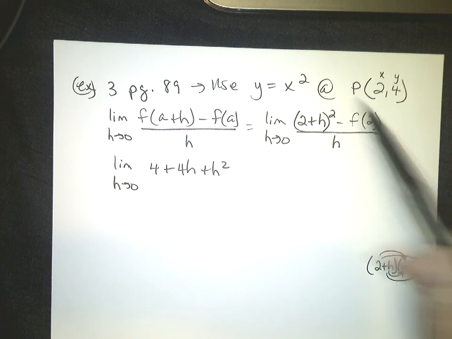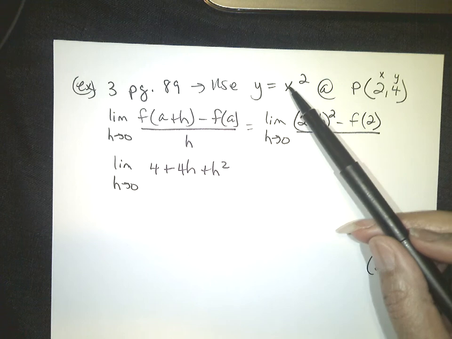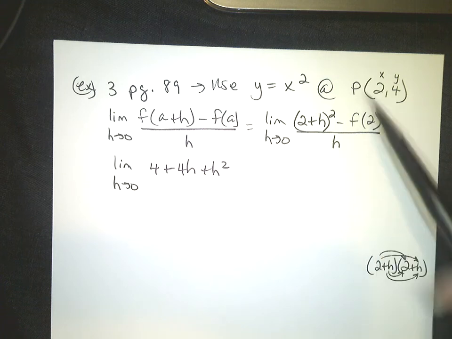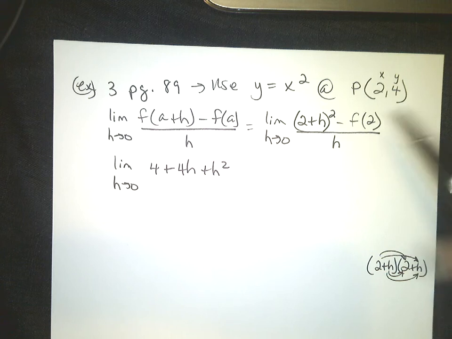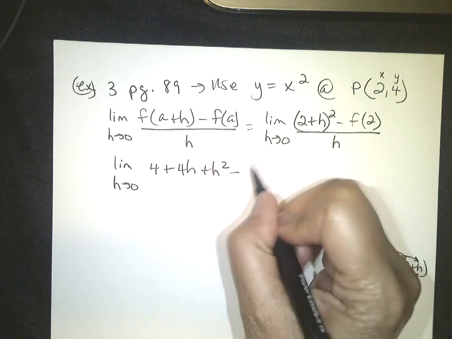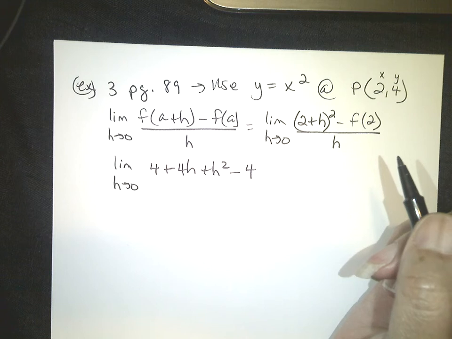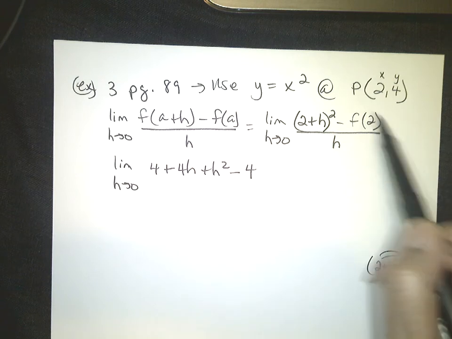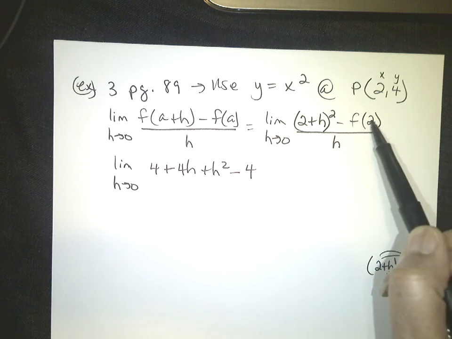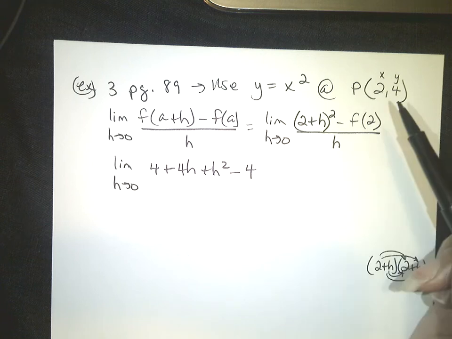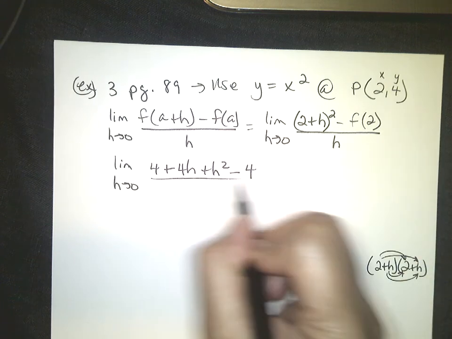So f of 2, you plug 2 here and get 2 to the second power, which is 4. So we follow the formula and put minus 4. And hopefully that's not confusing. I just plugged in f of 2. 2 to the second power is 4. All over h.